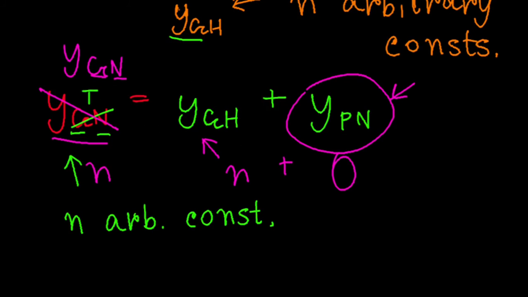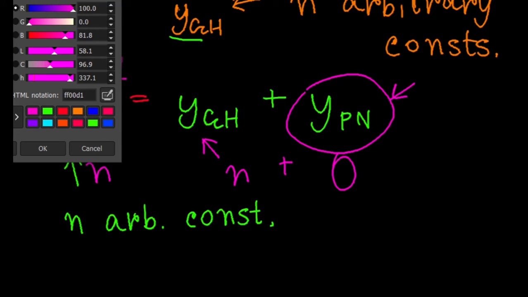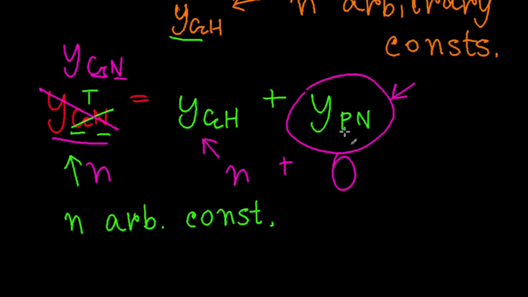Now, this is pretty interesting because, as we'll see later, it's difficult to directly find the general solution to a non-homogeneous differential equation. These are much harder to deal with than the homogeneous counterpart. However, if we do it like this, what's the advantage? We can easily find this. At the very least, if the characteristic equation is something that we can solve, we can pretty easily find this. We know how to do that.